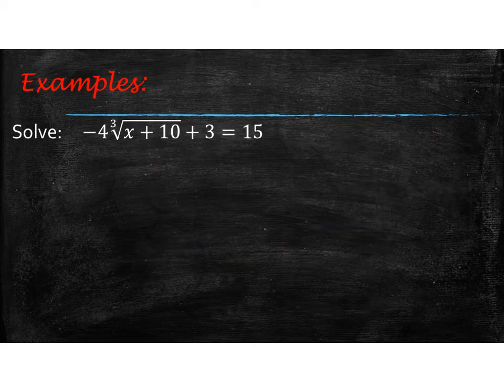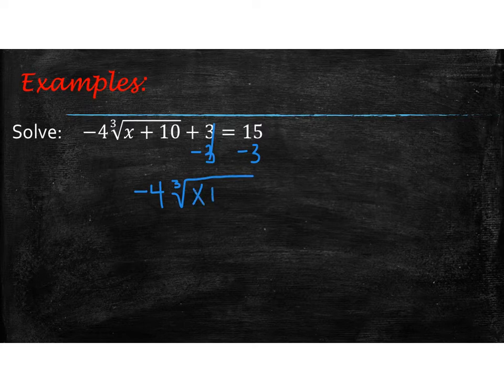Let's look at example 2. So our goal is to get the radical by itself. So the first thing I want to do is subtract 3 from both sides. That would give you -4 times the cube root of x plus 10, and that equals 12.